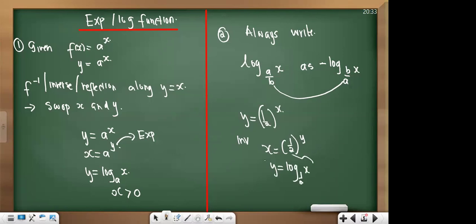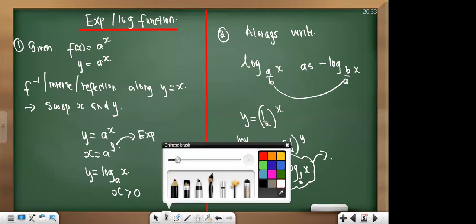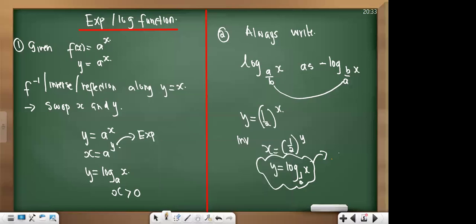But always leave your answer in this way. Do what I did. This will be negative log 2 over 1, which is 2, of x. Please always leave your answer like this. It will help you a lot to solve questions such as for which values of x will f of x turn, that kind of question.